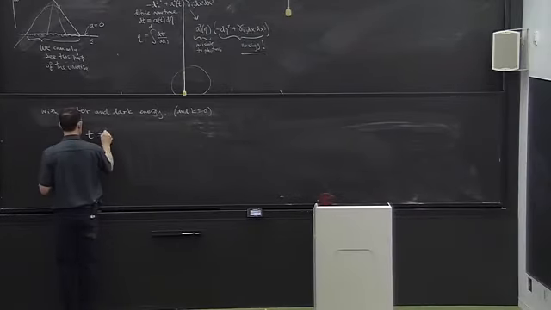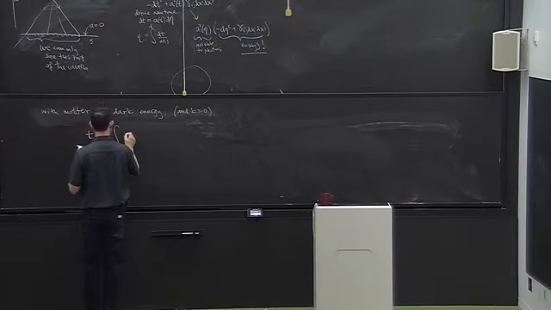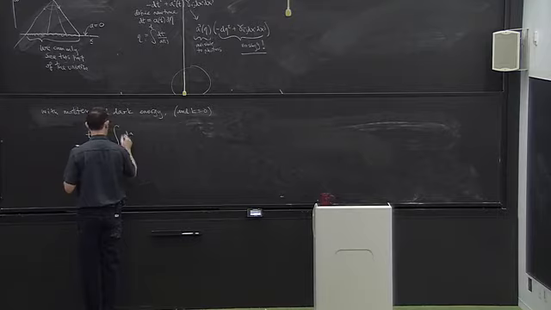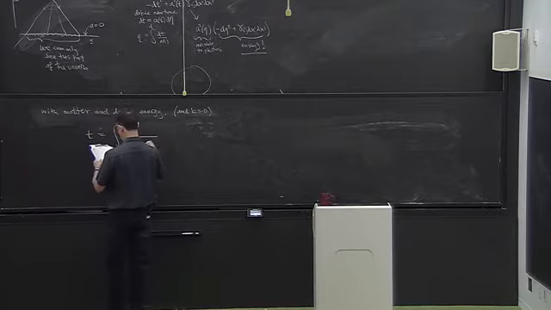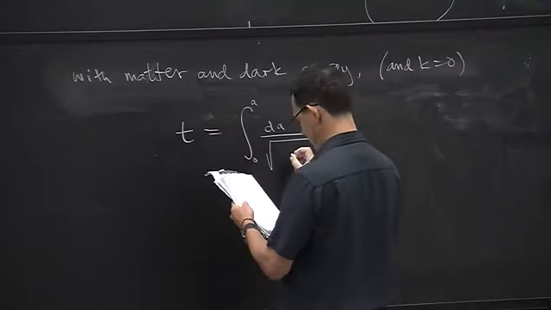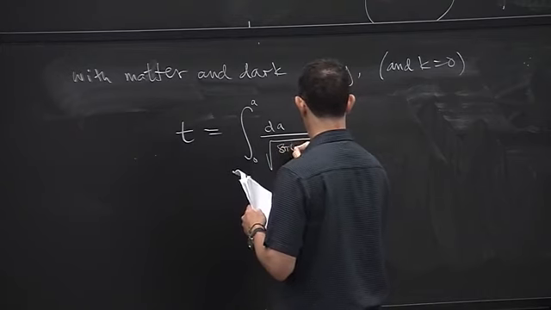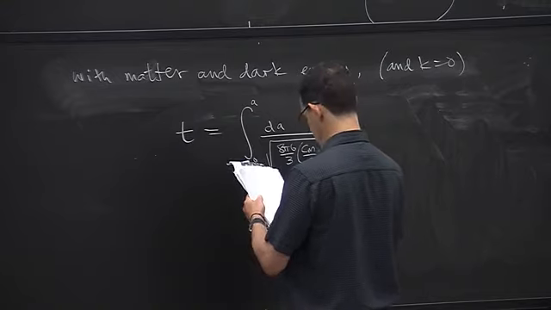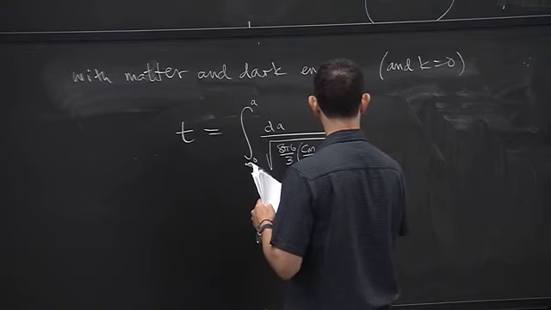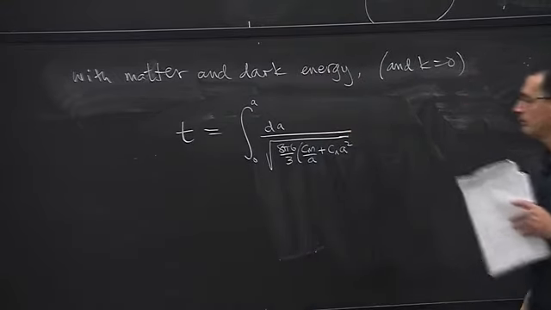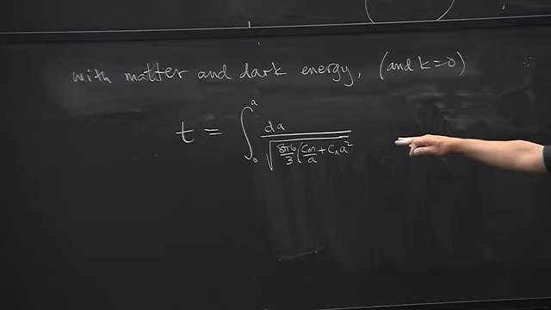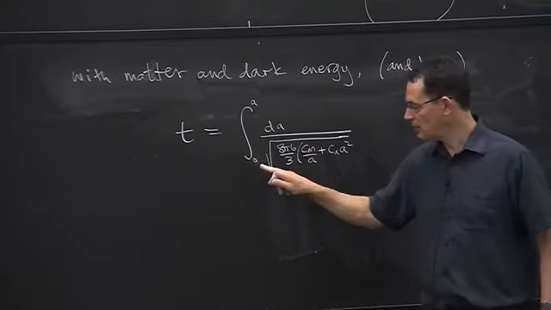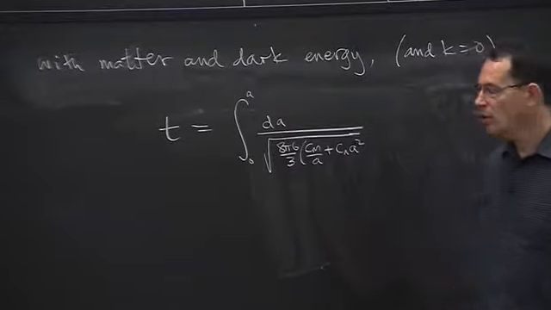We get that t equals the integral dA from 0 up to a over the square root of 8 pi G over 3 times rho_m over a plus rho_lambda a squared. That's the age of the universe. That's the time which has elapsed since a was 0.